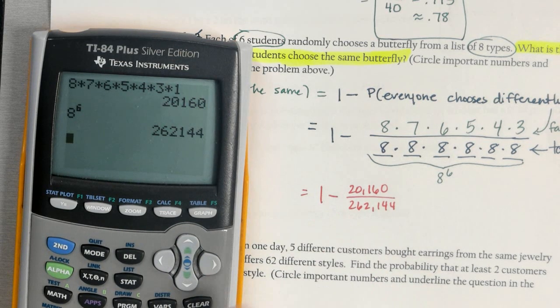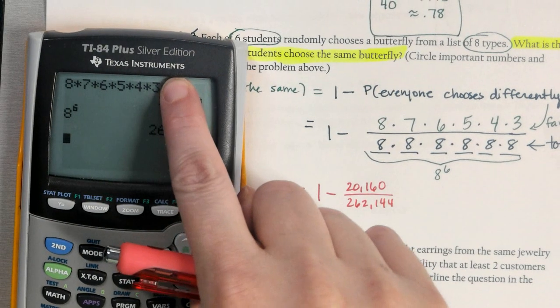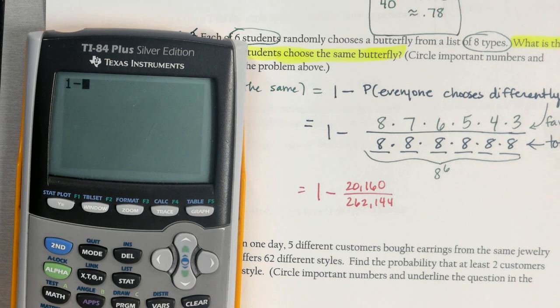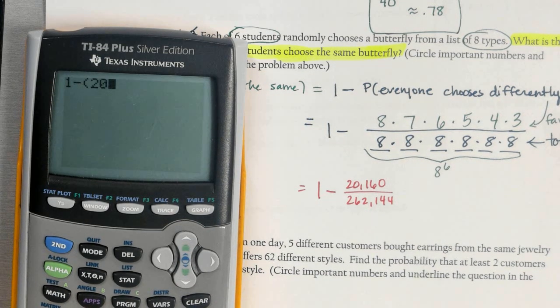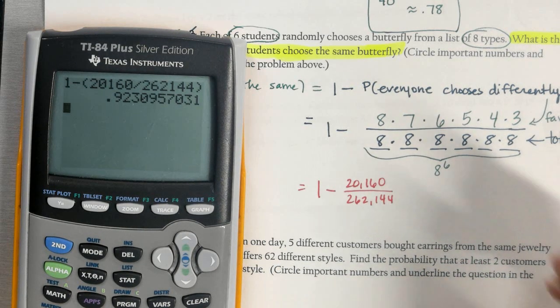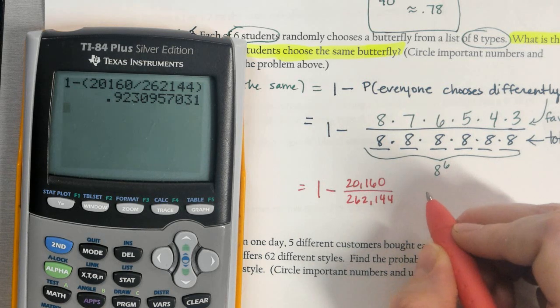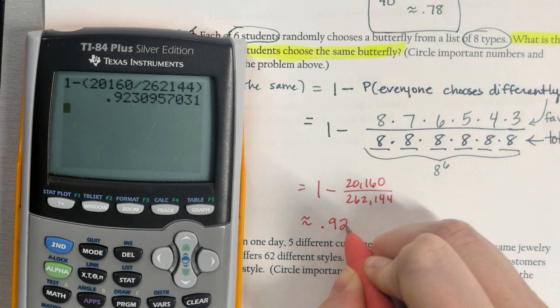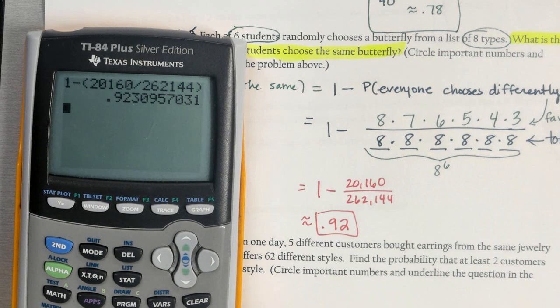And then we're going to divide. If you stop there, like you should have, you'll get the same thing. Then you can just do 1 minus, and put in our fraction. This would definitely be one where I would ask you to write it as a decimal. So this is going to be approximately 0.92.